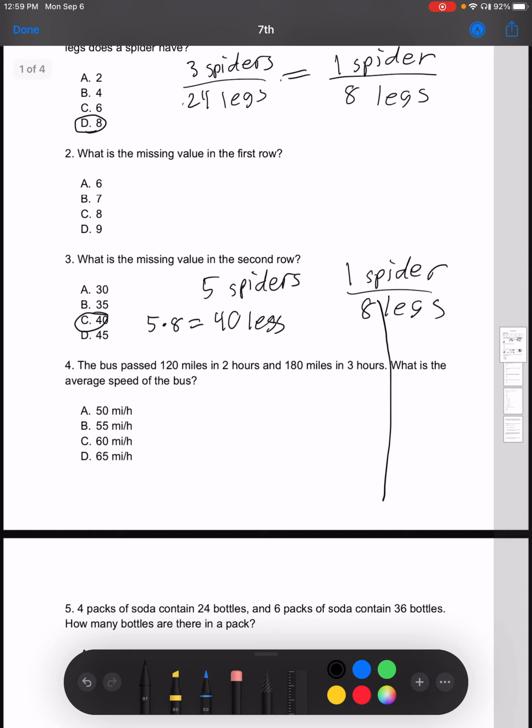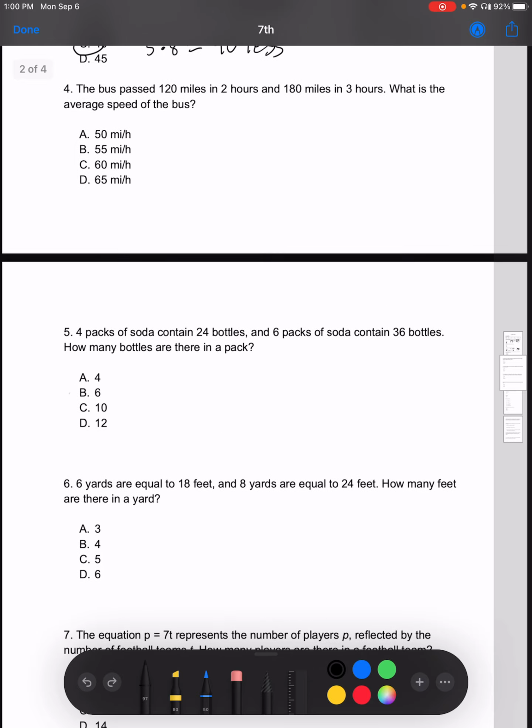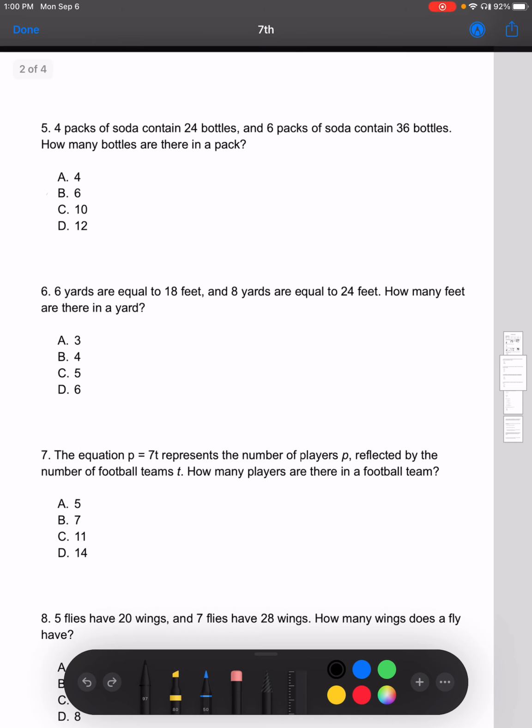Moving on. We have a bunch of proportion problems for the next couple. We can preview, say, let's do 5. We see that 4 packs of soda contain 24 bottles.